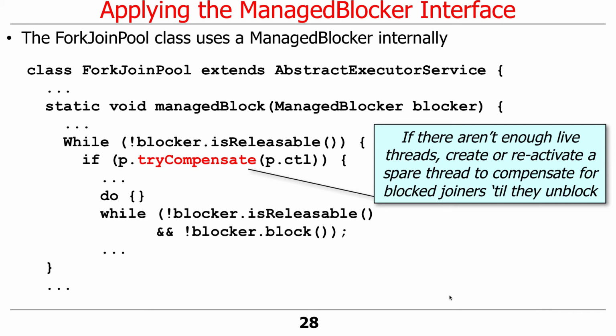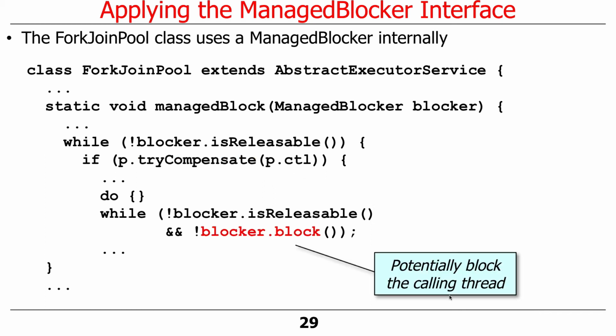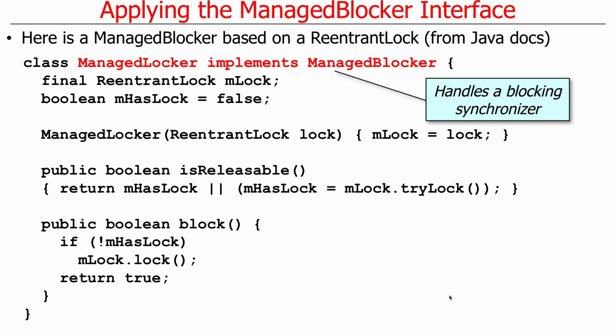So that's what tryCompensate does. And then down here, we have isReleasable and blocker.block, and this might actually block the calling thread. And so if that blocks, then hopefully tryCompensate will have allocated threads to keep things going while this guy blocks. Really complicated, as you can get a feeling for. Not that hard to use, hard to implement, so thank goodness you don't have to implement it.